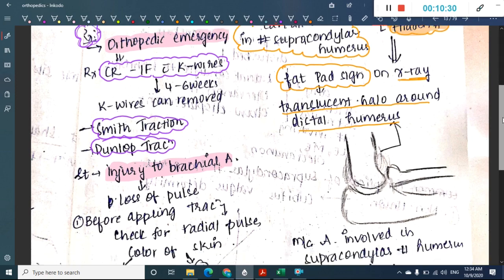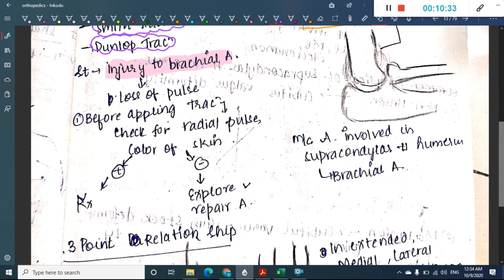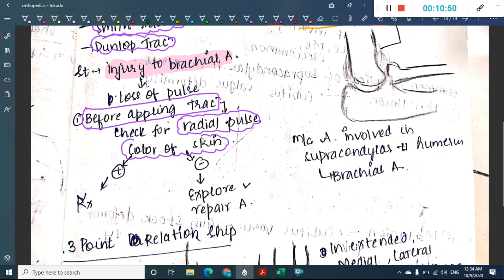Because there is an increased chance of brachial artery injury, before you apply either Smith traction or Dunlop traction, one important thing you should definitely do is check the radial pulse and also check the color of the skin. If the radial pulse and color of the skin are positive, then you treat it.